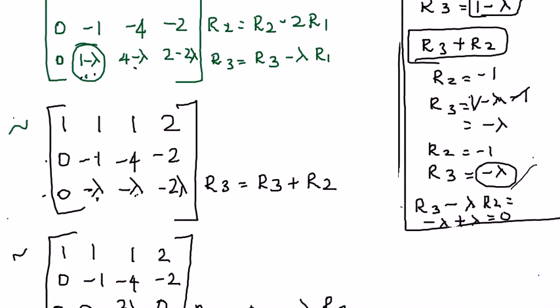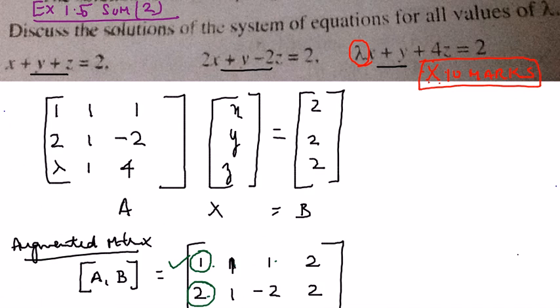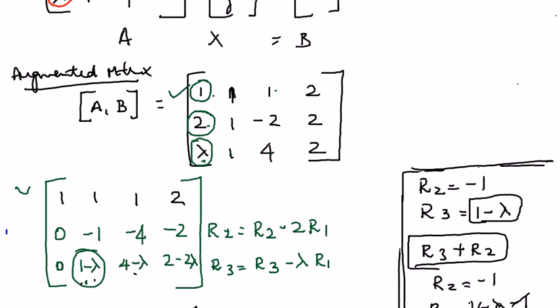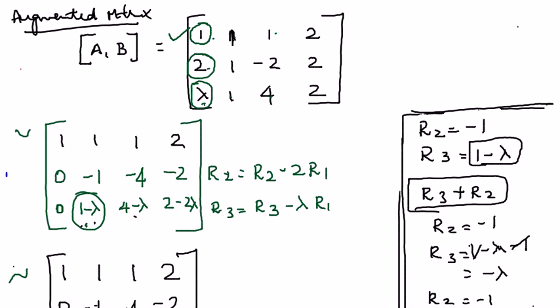So the question was, this is a very important 10 marks, so that's why I'm doing it a little slowly. You had to find the different possible solutions for the different values of lambda for these three linear non-homogeneous equations. The third equation did not have an x coordinate, it had lambda, right? So we wrote this in the matrix form, then we wrote the augmented matrix, and after that we tried to bring it to the echelon form.